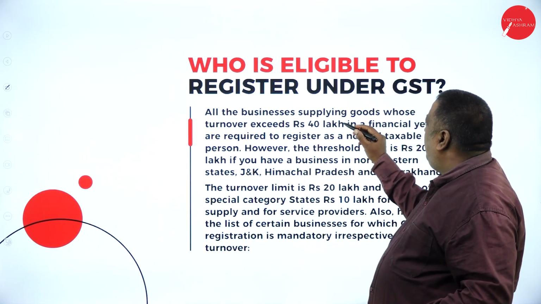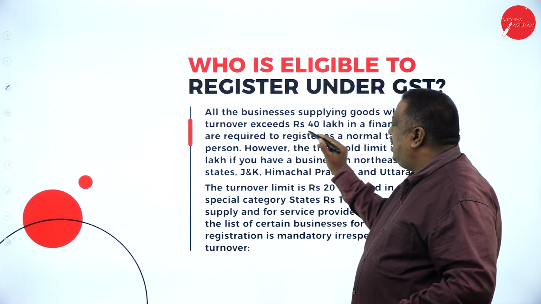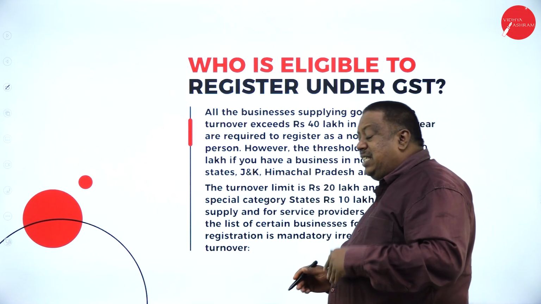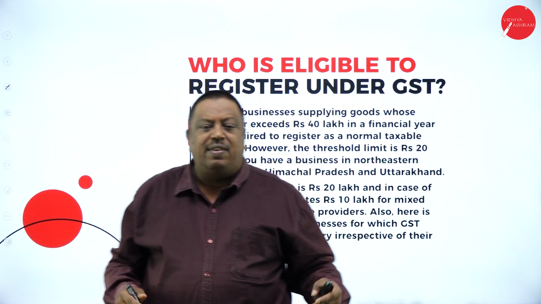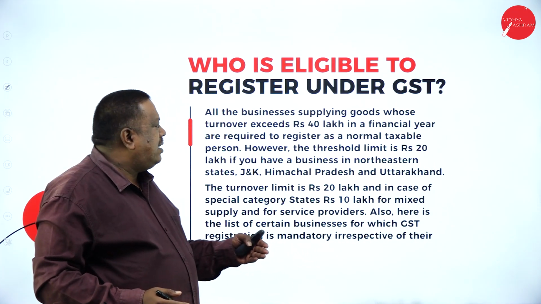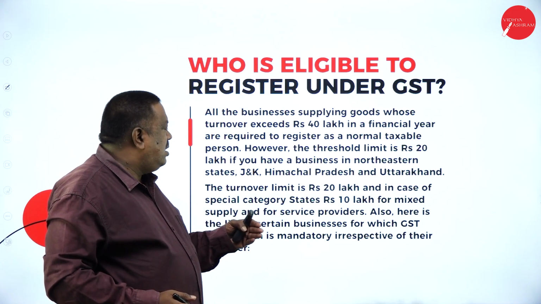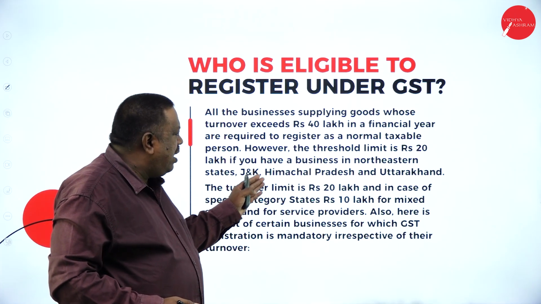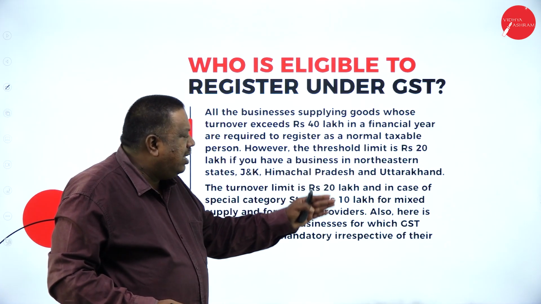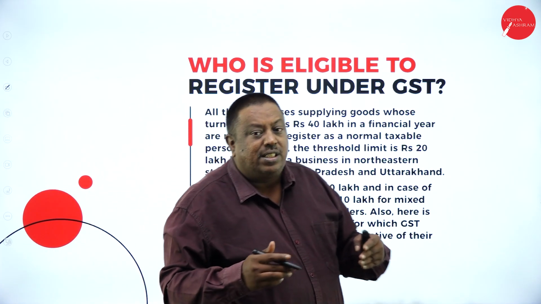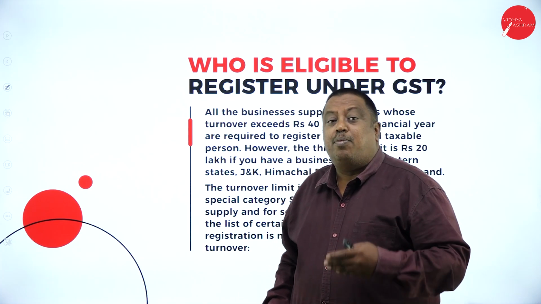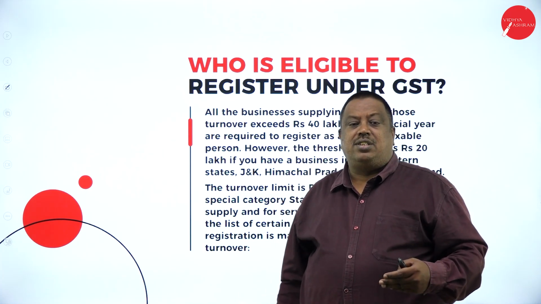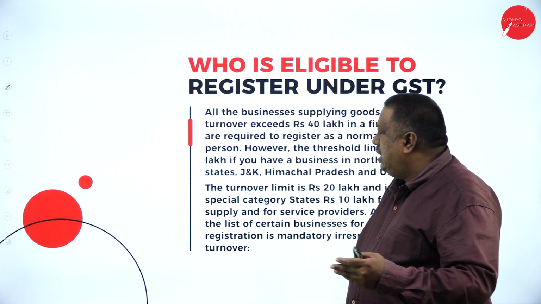All the businesses supplying goods whose turnover exceeds 40 lakhs, as already said, will come under the GST brackets. In certain states, for example the northeastern states, Jammu Kashmir, Himachal Pradesh and Uttarakhand, if my turnover is about 20 lakhs, then I have to register, or else there is no need to register at all.